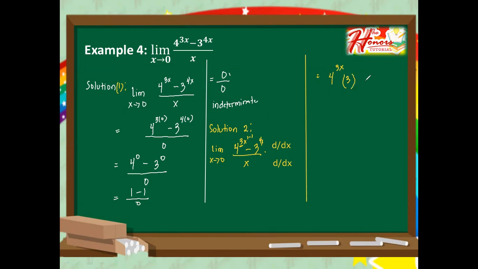And then the ln 4, and then minus, 3 raised to 4x times the coefficient of x, so that is 4.